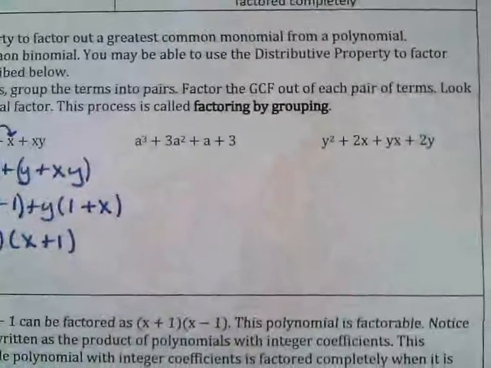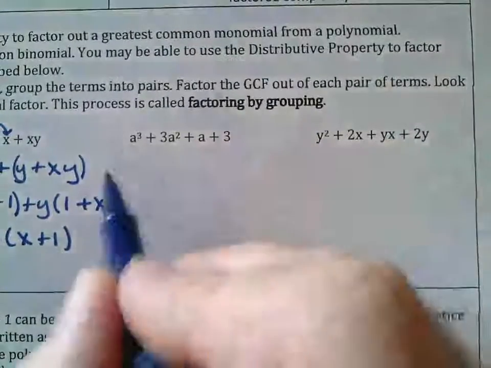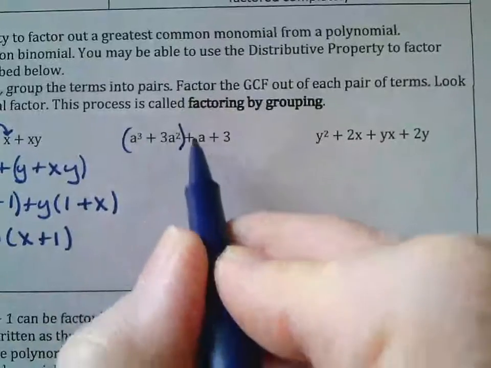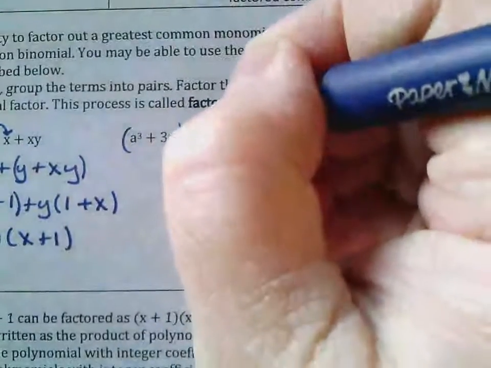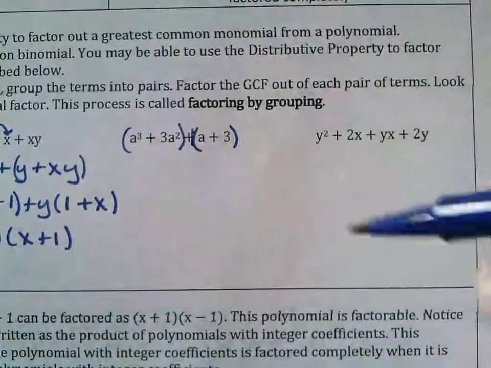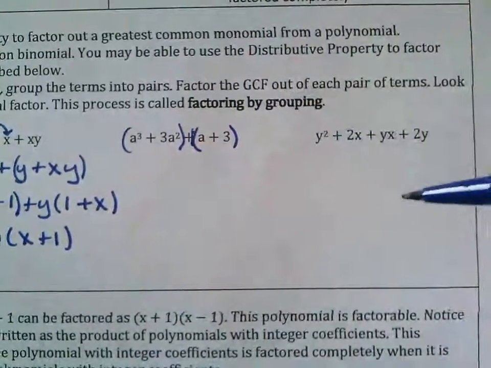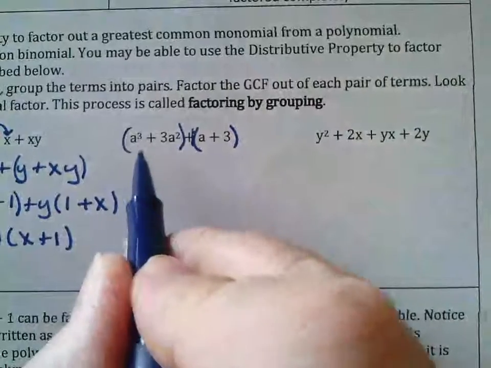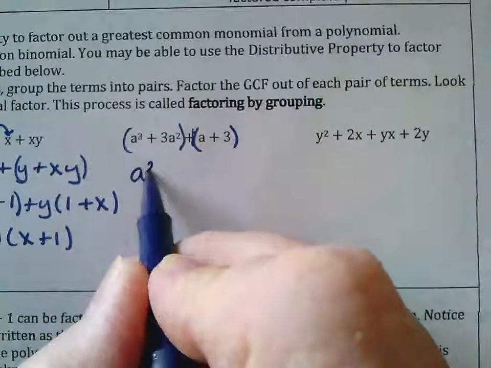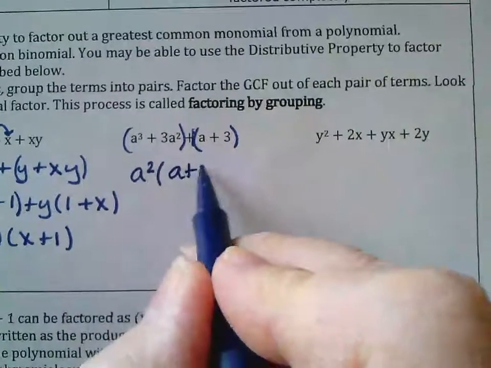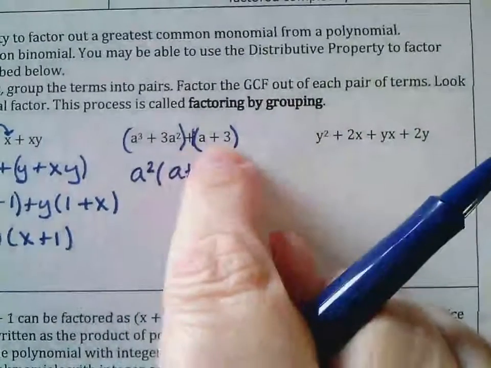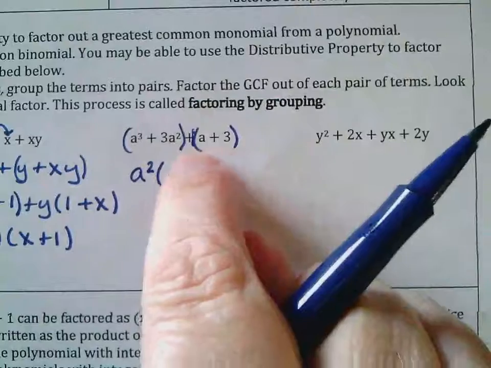So take a look at the next two examples. You have a grouping and a grouping. And in front of this grouping, I want to put a little 1 right here. Okay, I'm doing that on purpose because I want to leave something there in a second. So a squared comes out, leaves me with a plus 3. And then look at this. This is already a plus 3. So what do I pull out of there?